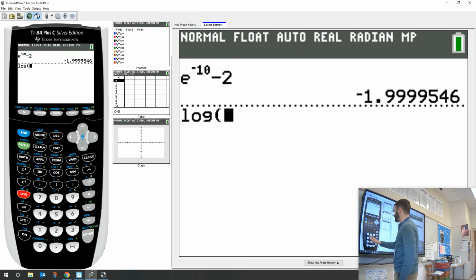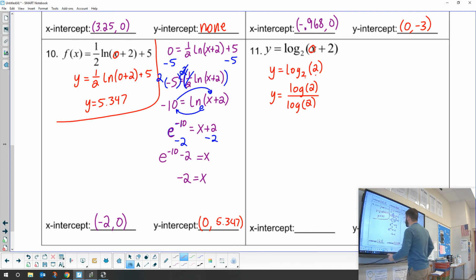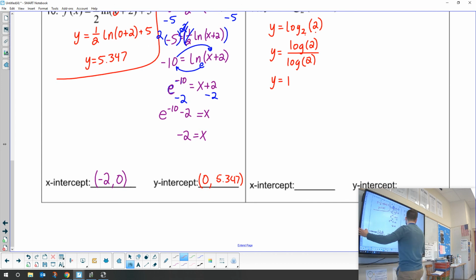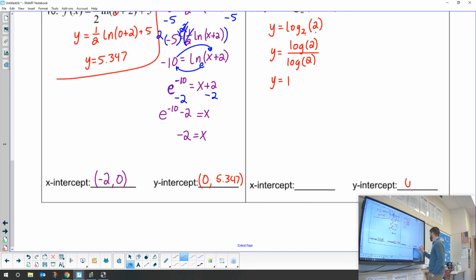I can go log of 2 divided by log of 2, and we get 1. Hey, anything divided by itself is 1, even logarithm. So we get y equals 1. And so that just goes to show you what our y-intercept is. My y-intercept is just going to be at 0, 1.